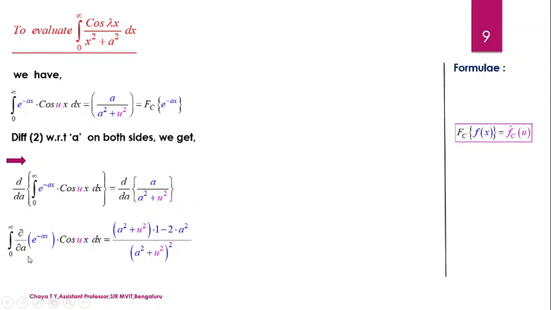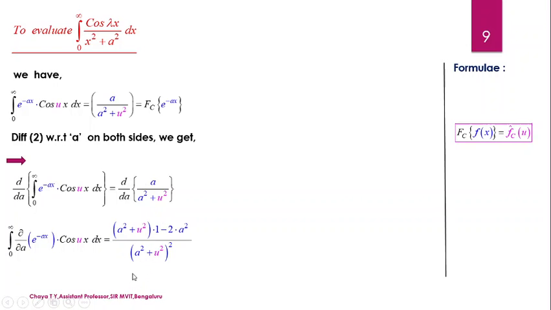We call this differentiation under the integral sign, the Leibniz rule. Therefore I am going to differentiate the integrand with respect to a. In the integrand e^(−ax) cos ux, the term e^(−ax) will be treated as a variable, and cos ux will be treated as a constant at this stage.